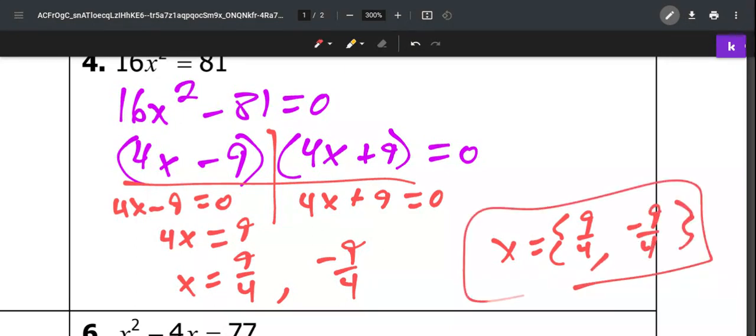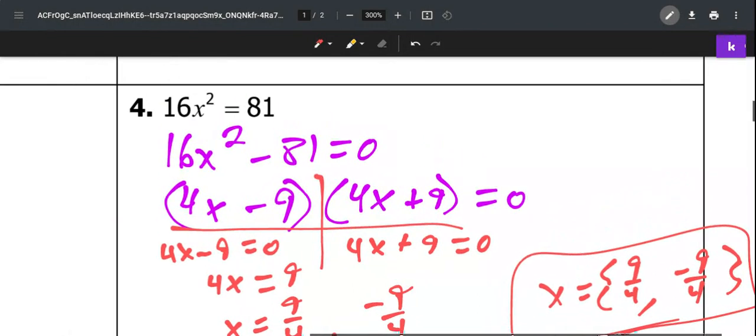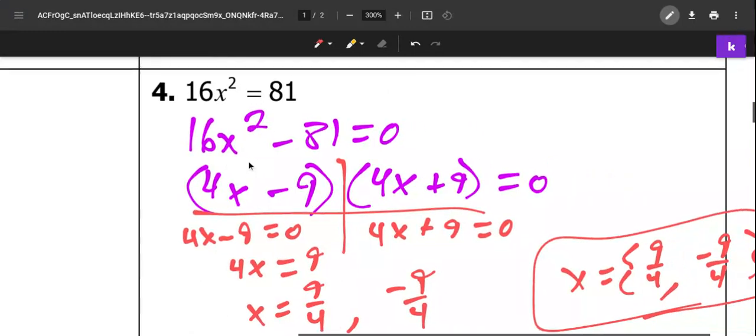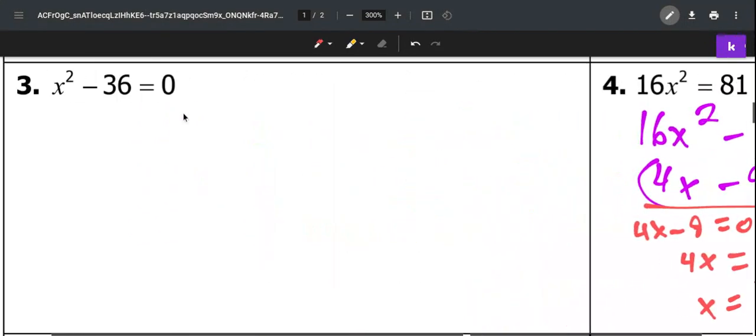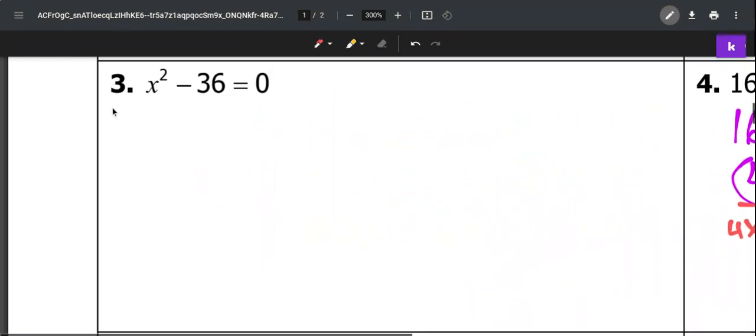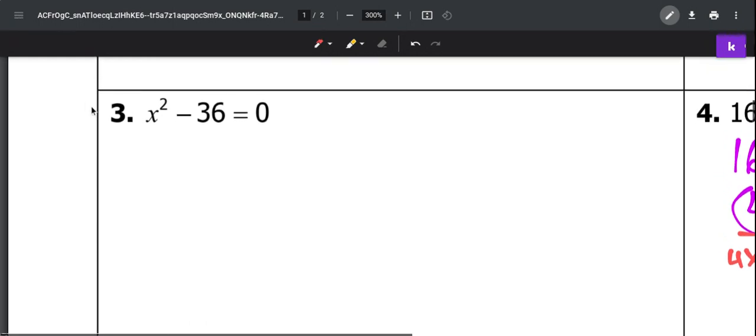All right, so that one's a good example of it not being perfectly set up for you to do difference of squares. Now, real quick, again, difference of squares is when you have two terms, one has an x squared or a variable squared, and the other one is a perfect square. So like number 3, same thing. This is the perfect setup for difference of squares. When that happens, take the square root of the first, which is x here.